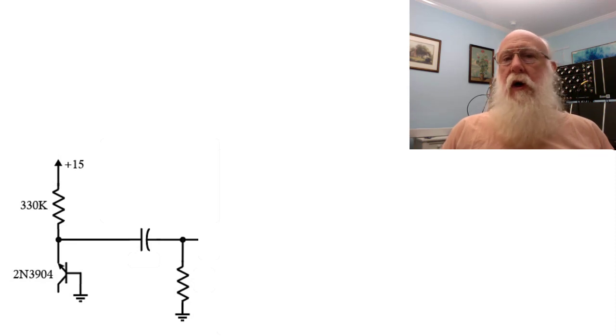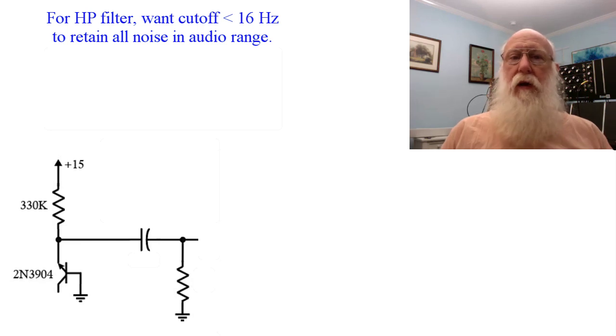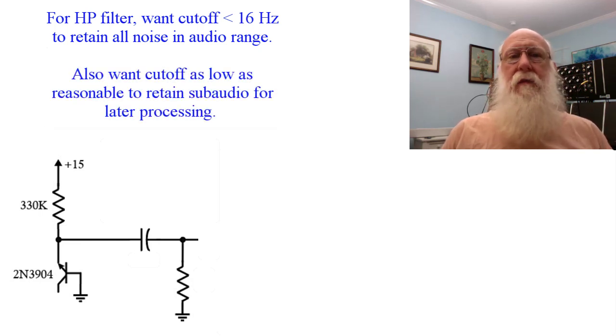Now, as far as the cutoff of this filter goes, we certainly want it to be below the audio range, so less than about 16 hertz, but we don't want it to be too high because we plan to use the white noise signal and put some very serious low-pass filtering on it to generate a slowly moving sub-audio random signal.